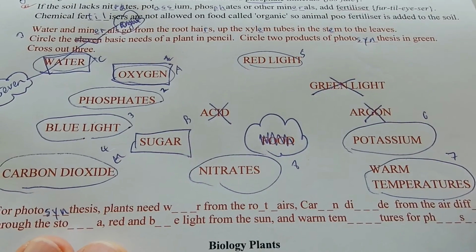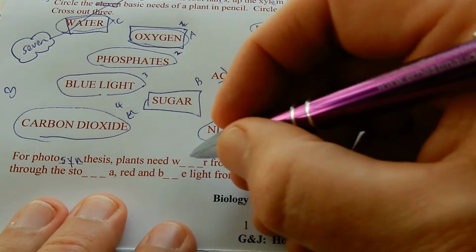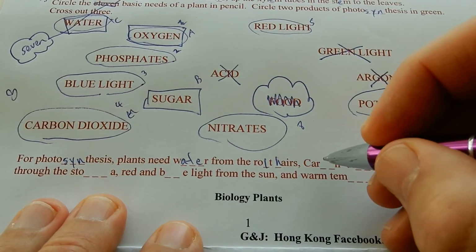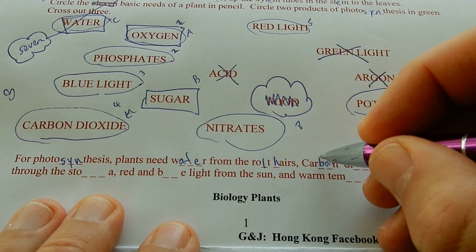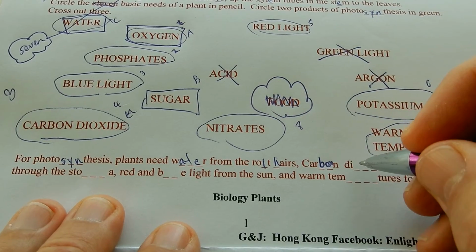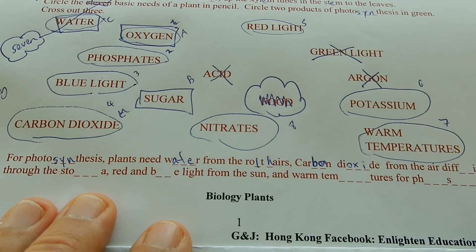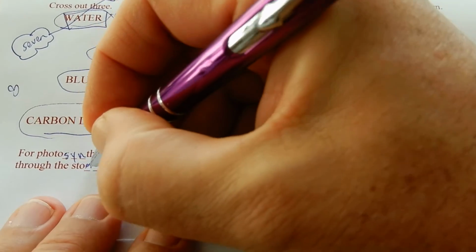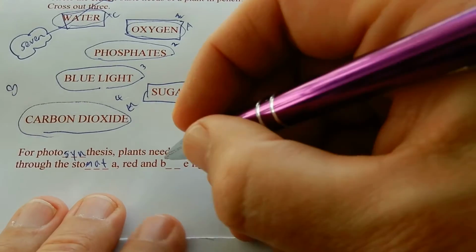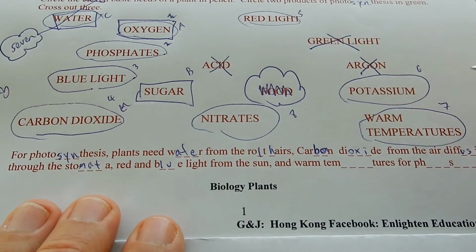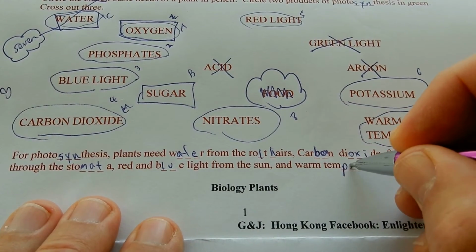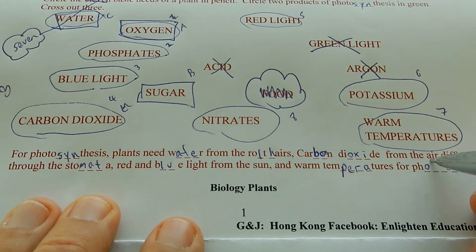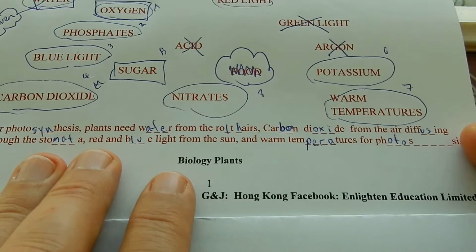Plants need water from the root hairs, carbon dioxide from the air diffusing through the stomata, red and blue light from the sun and warm temperatures for photosynthesis. You see that?